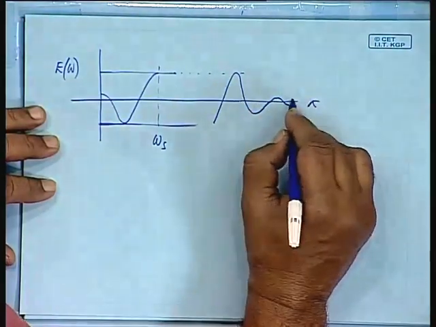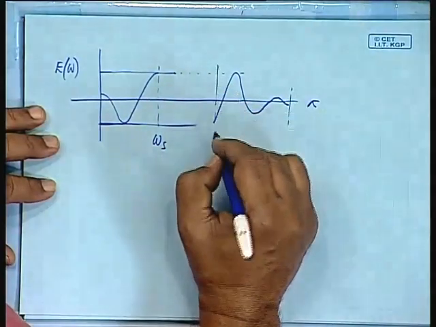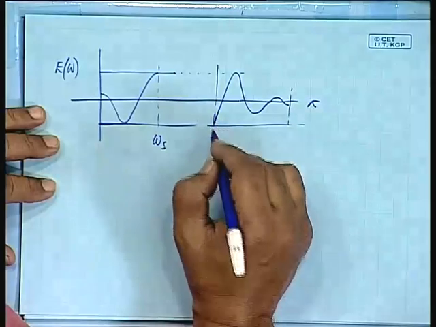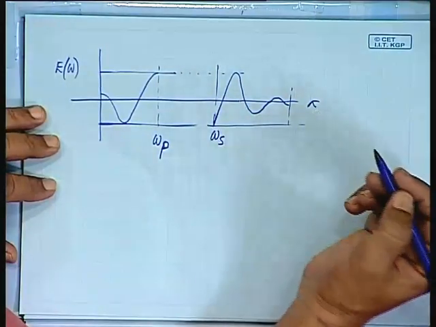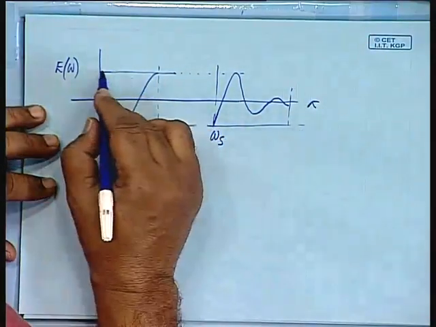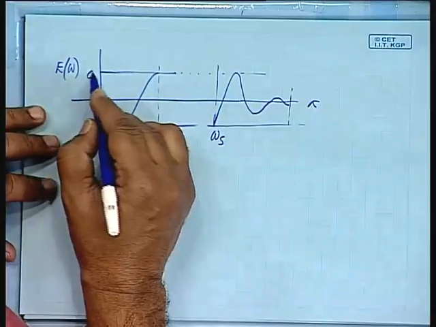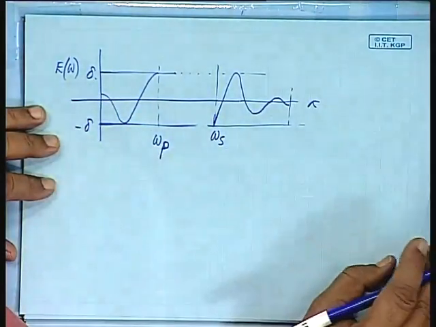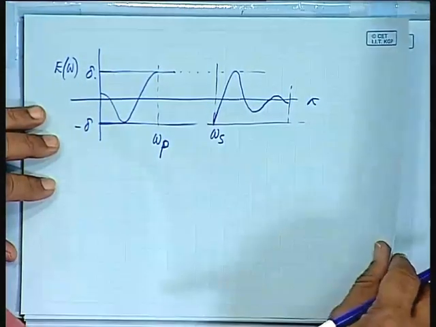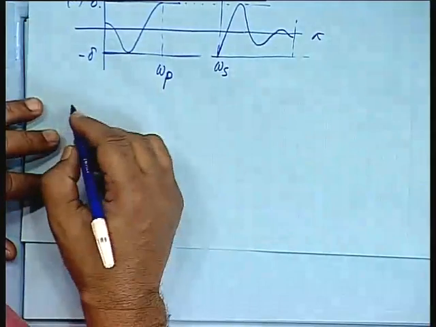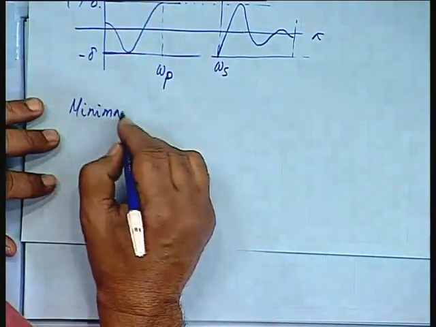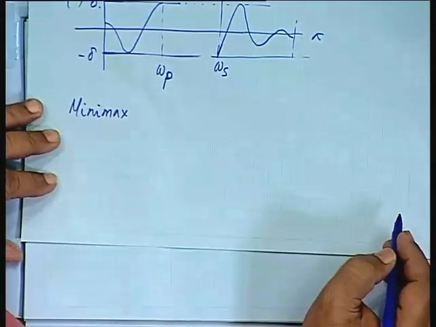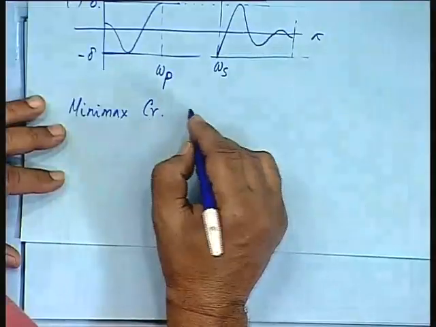They are within the same bound, some delta. So, we are using Minimax criteria instead of squared error criteria, minimization of squared error. We are having Minimax criteria, which is also known as Chebyshev criteria.